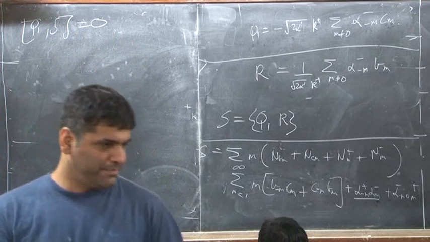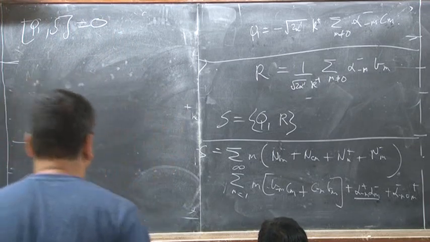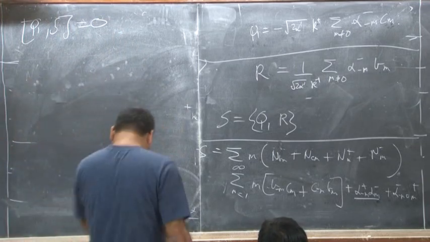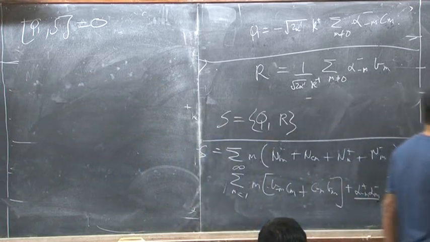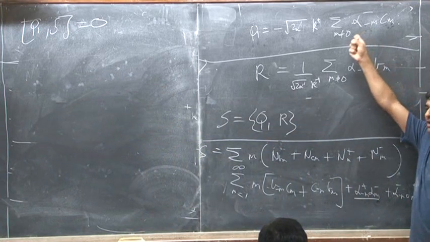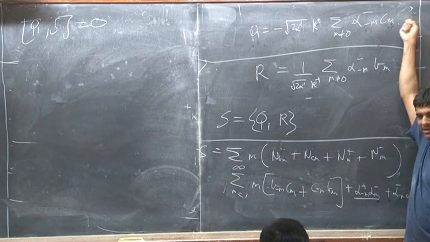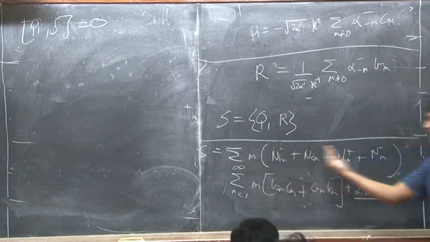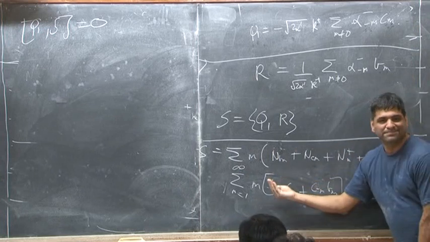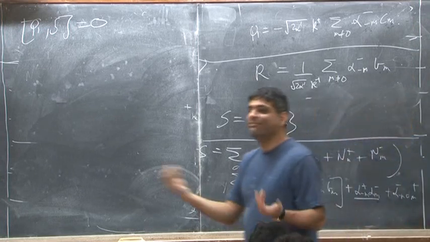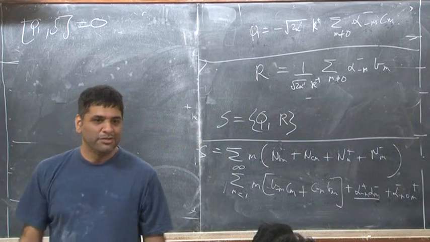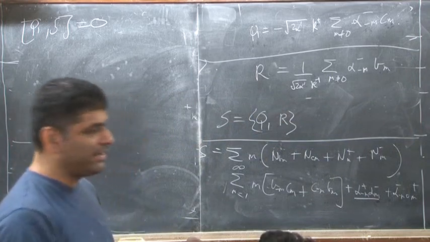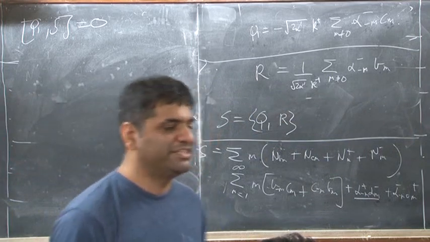How do we see that? Well, let's look at the formula. The formula for Q1 always has one destruction and one creation. The formula for S counts all oscillators evenly. So if it destroys something at level M, it creates another thing at level M, and it doesn't change the S value.